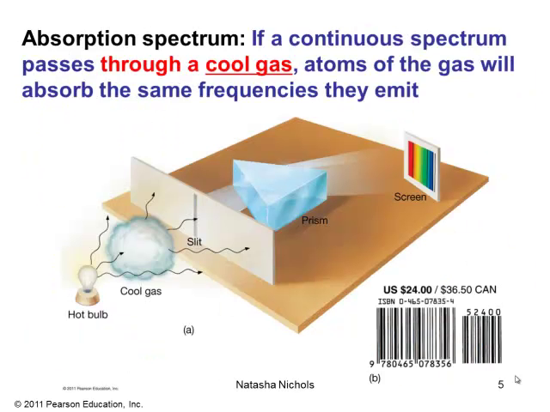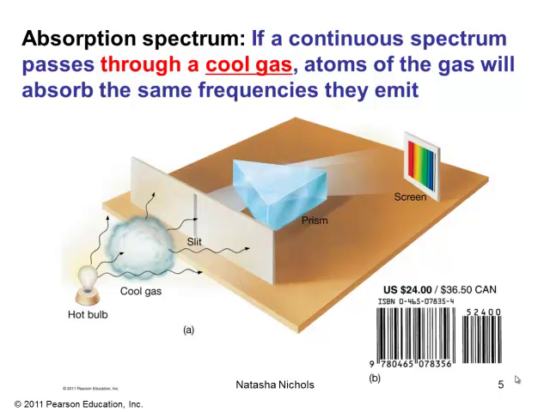On the other hand, we can have what we call an absorption spectrum, which is a similar situation, but now we have a cool gas instead. So if you look at the arrangement in the frame right here, when cool gas is placed between a source of continuous radiation, such as a hot light bulb, and a detector or screen, the resulting color spectrum is crossed by a series of dark absorption lines.